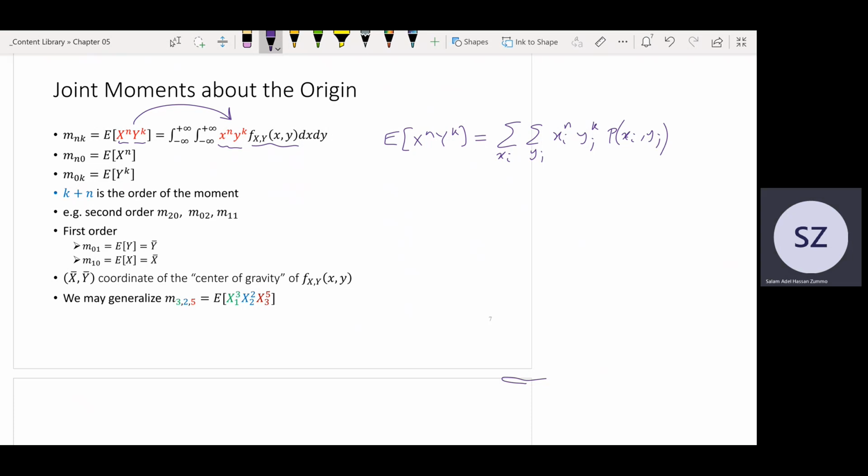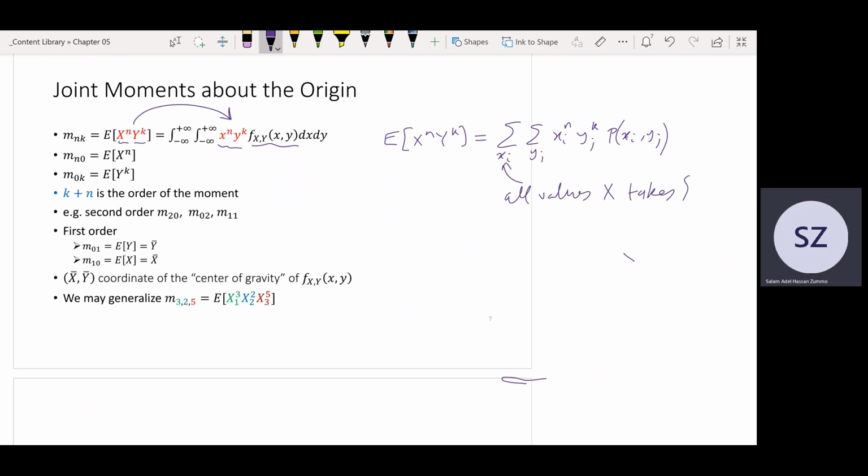Yes, n and k are positive numbers. Summing from where to where? No, you are summing over all values. Isn't it clear what I'm saying here? I am summing over all values that x takes.